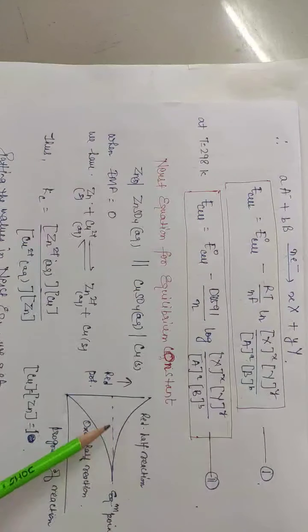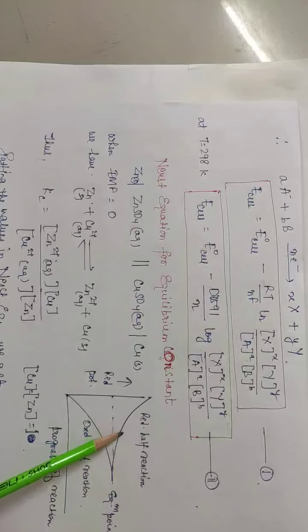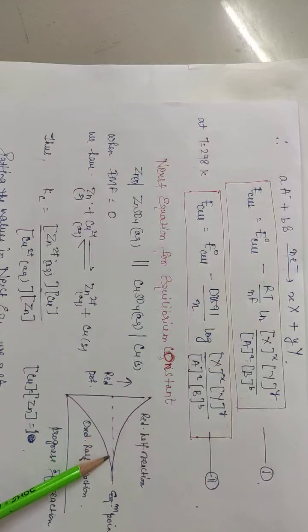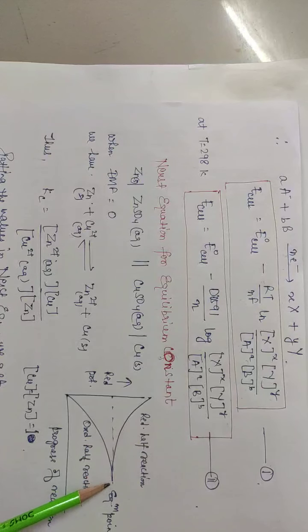At this stage, graphically we can represent this as the reduction half cell reaction keeps on decreasing, whereas the oxidation half cell reaction keeps on increasing, and at the equilibrium point E becomes 0, that is, the flow of current stops.